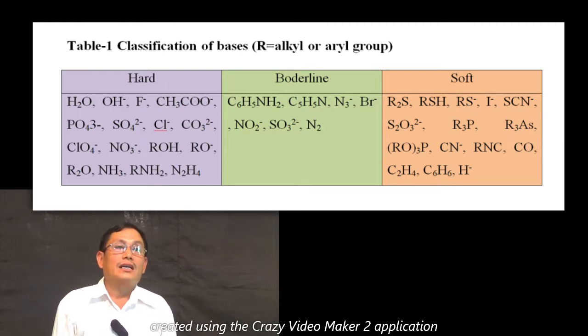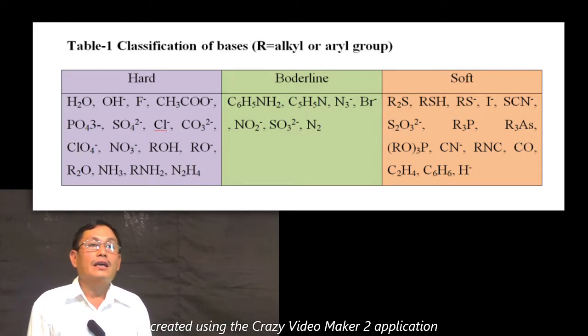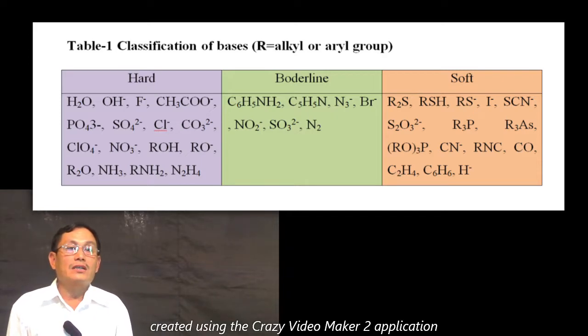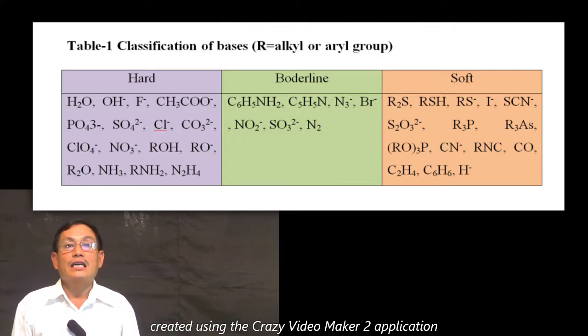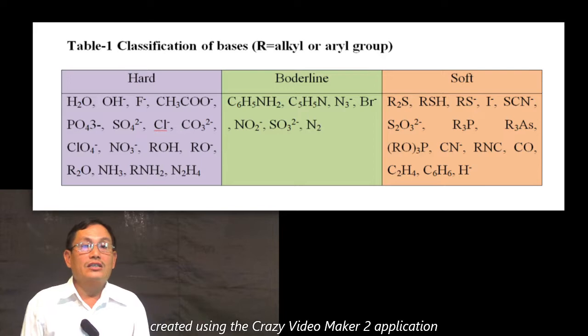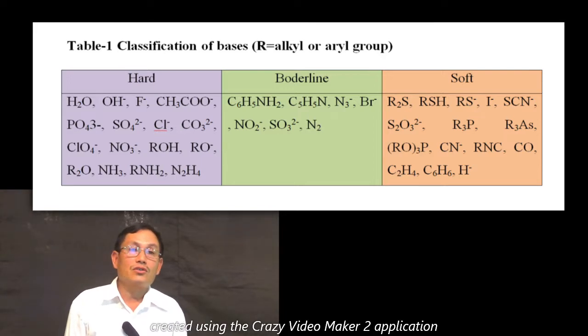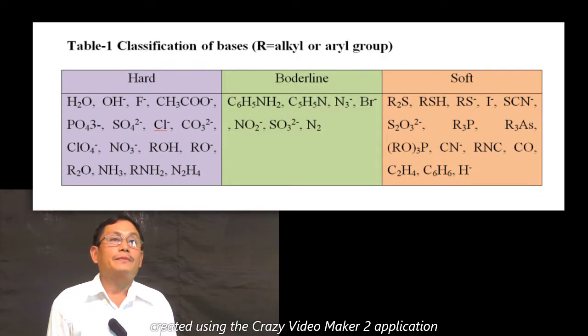Borderline bases: C6H5NH2, C6H5N, N3 minus, Br minus, NO2 minus, SO3 2 minus, N2. Soft bases: R2S, RSH, RS minus, I minus, SCN minus, S2O3 2 minus, R3P, R3As, CN minus, RCN, CO, C2H4, C6H6, hydride ion.